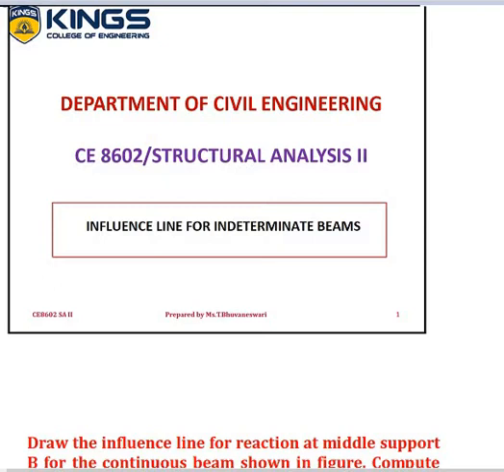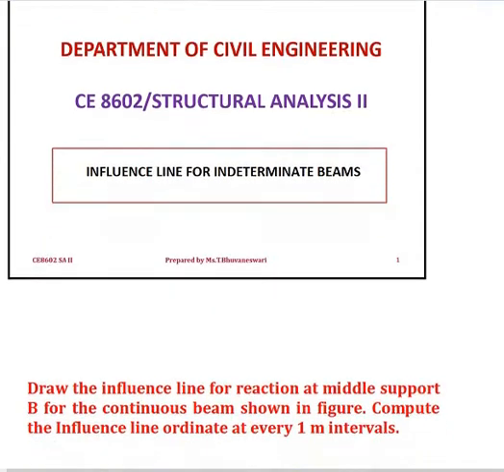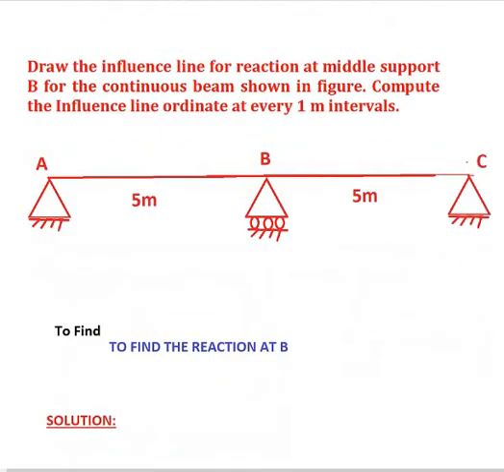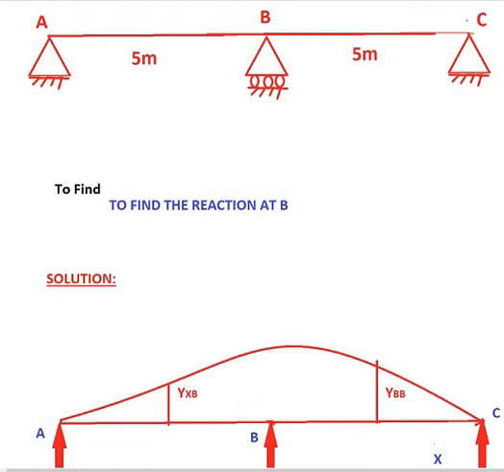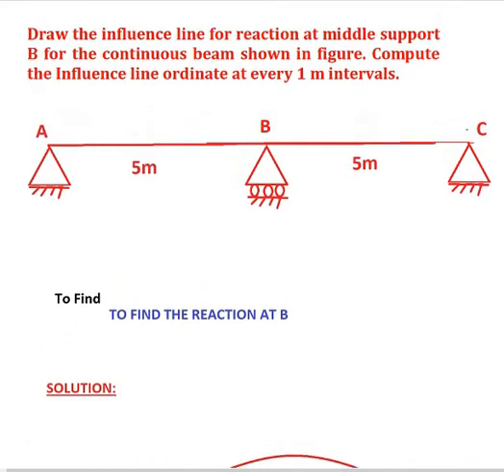They are asking to find out the reaction at the middle support B of the continuous beam. Draw the influence line for reaction at mid support B for the continuous beam shown in figure.